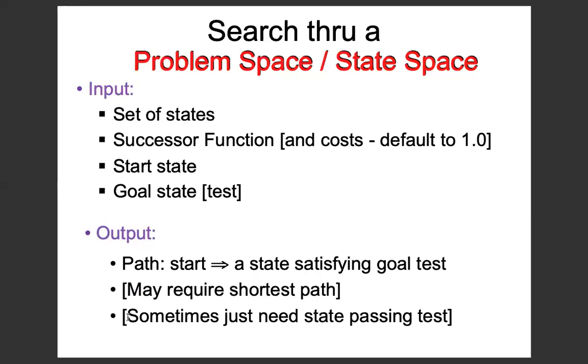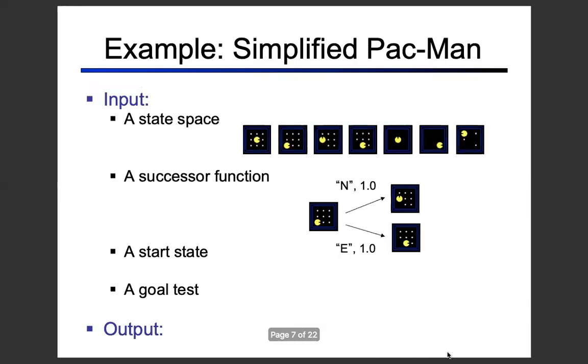Sometimes you just need the state passing test, and that is the most common thing. Let me take a small example of Pac-Man as well. Once again, the input states have some spaces between Pac-Man and the dots he is going to eat.